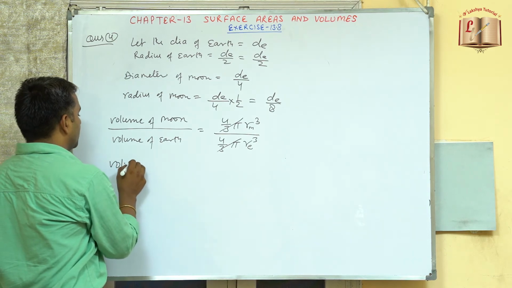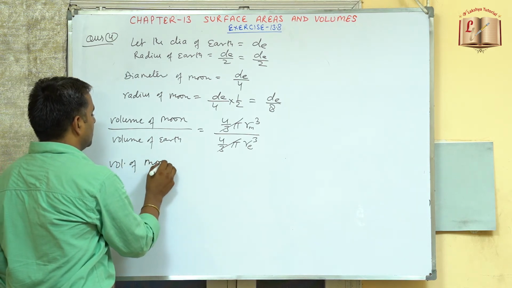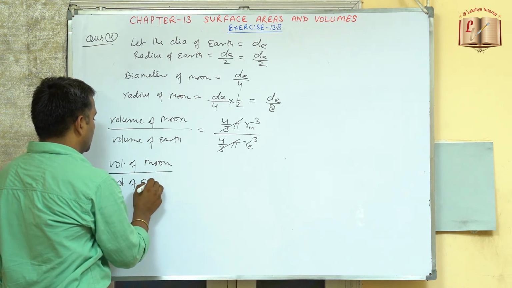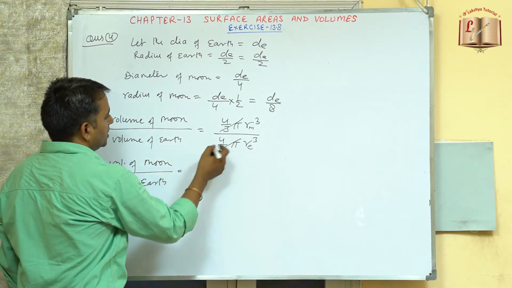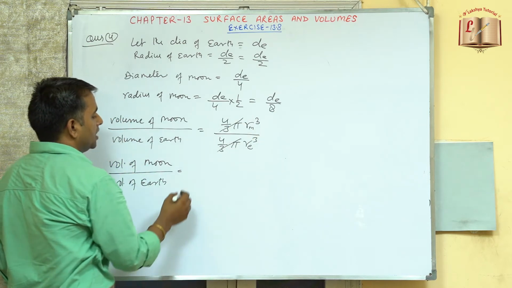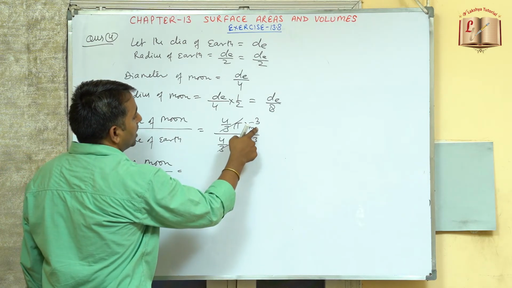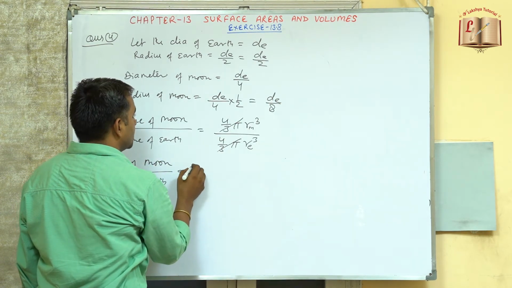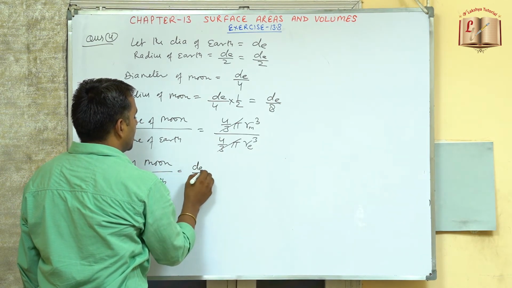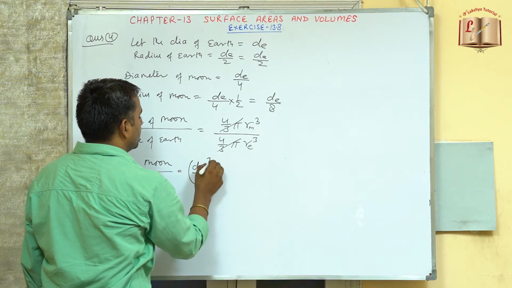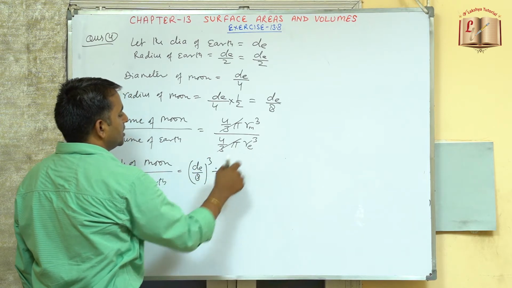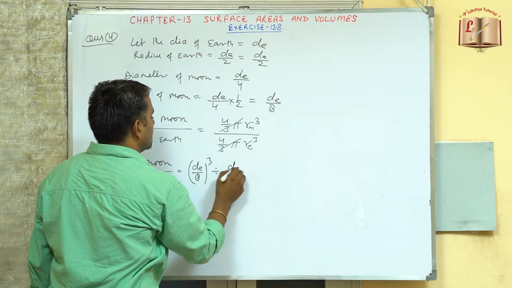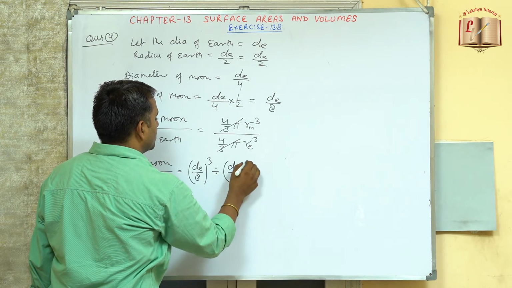So we got volume of moon divided by volume of earth. Now the radius of the moon is dE by 8, so this will be dE by 8 whole cube divided by the radius of the earth, dE by 2 whole cube.